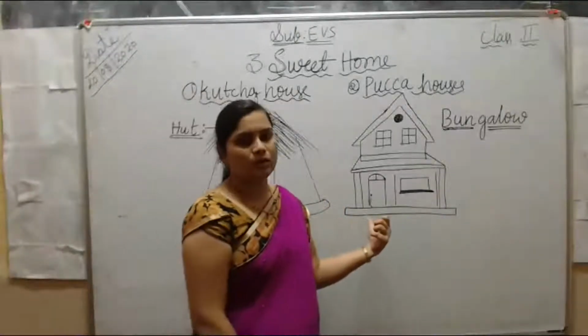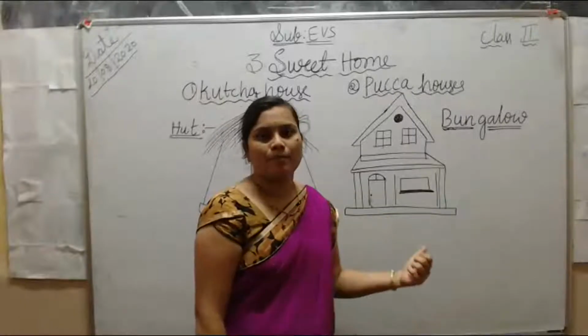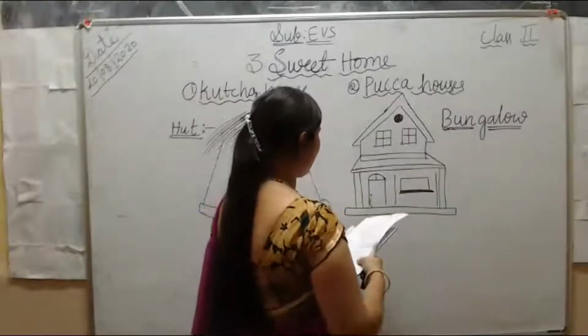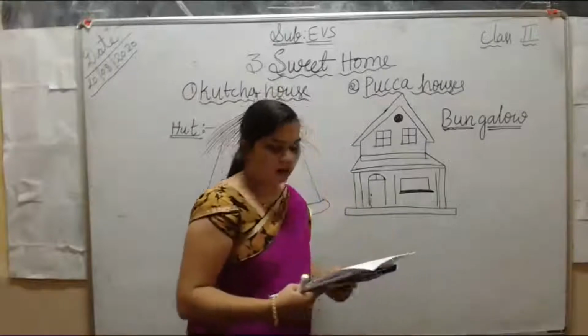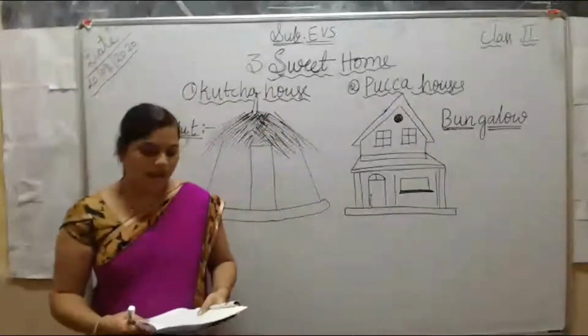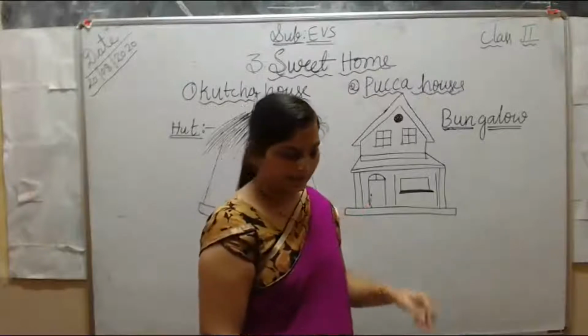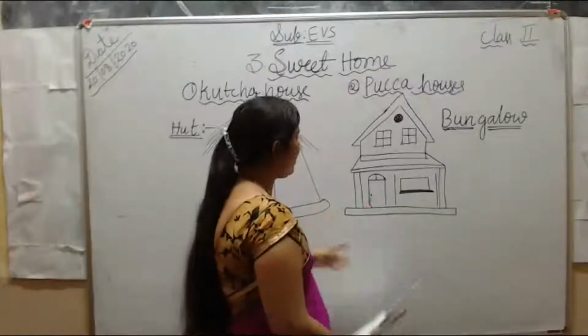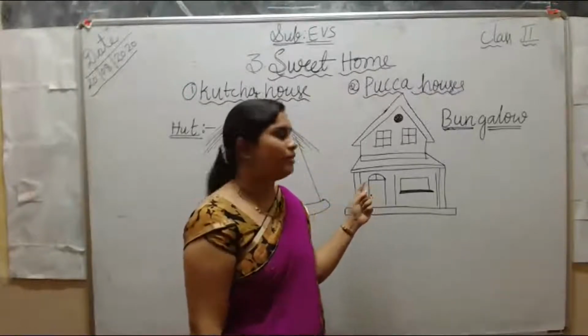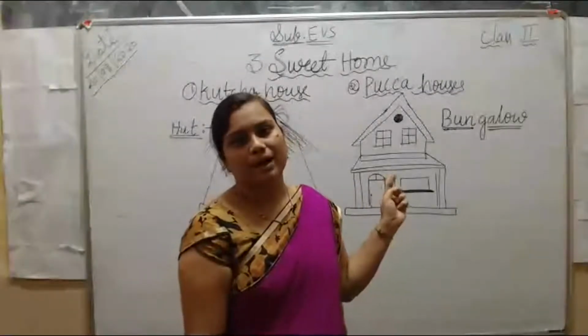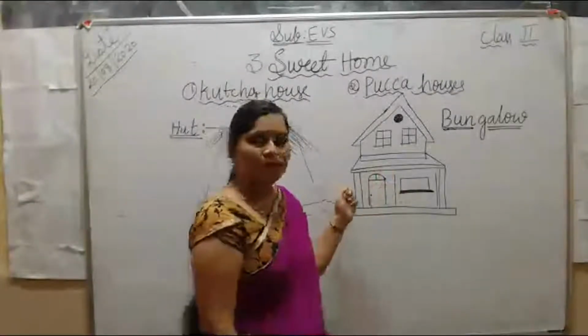This bungalow is made from bricks. These houses are made up of bricks, iron rods, cement, marbles, etc. They are very strong. Which houses are strong? Bungalows or Pakka houses.